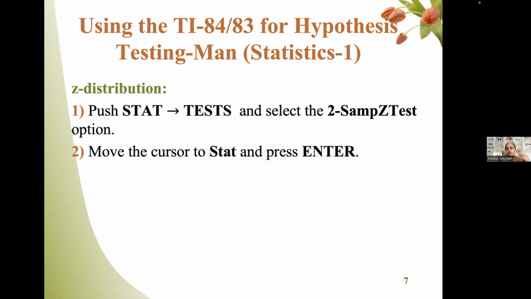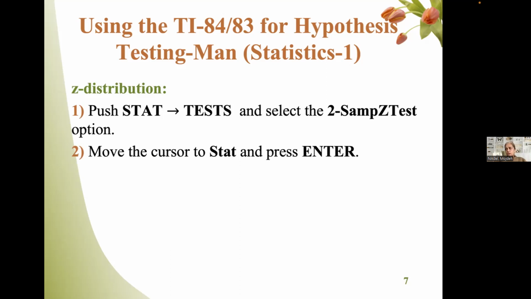If I give you two sets of information, one set is where I give you some statistics. For instance, I give you the mean of the first population, the standard deviation of the first population, and the sample size of the first population. Okay.